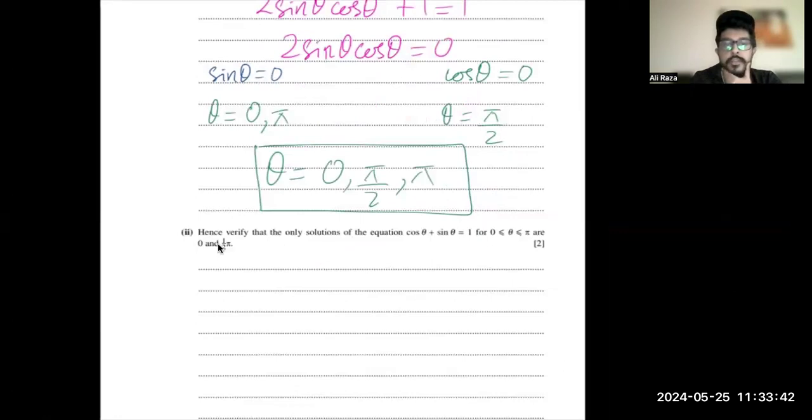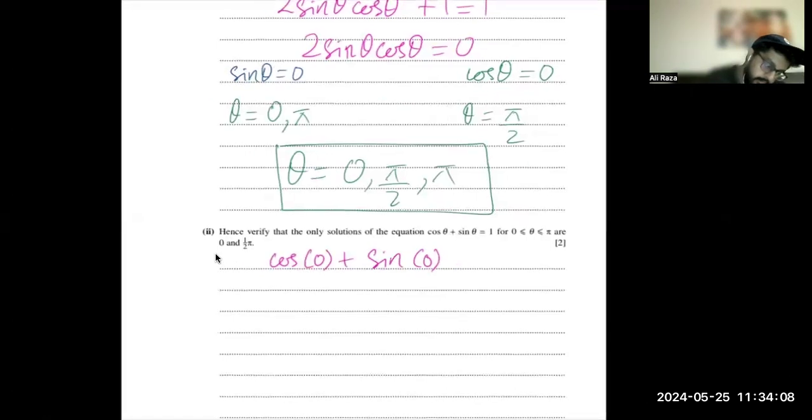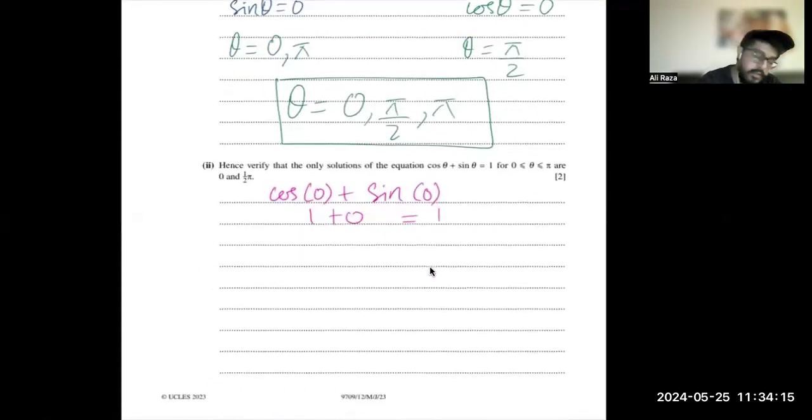In part 2, we need to verify that the only solution of the equation cos theta plus sin theta is equal to 1 are 0 and half pi. So when we plug in 0 in place of theta, we'll get 1 plus 0, which is equal to 1. So 0 is the solution for this.